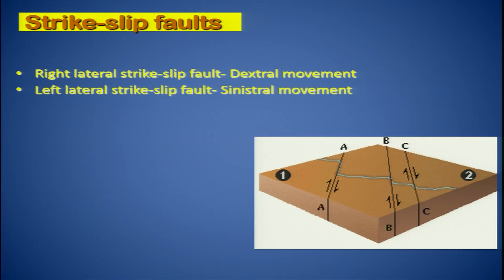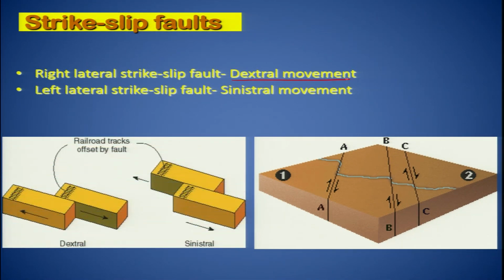and displacement very much similar to what has been shown here. So, this is the case of the right lateral strike slip. That means you are looking at the dextral movement. In the simplest way, if you see this, then you have the dextral. So, the right block is moving towards your side, and the left block is moving away, and this is your fault line.